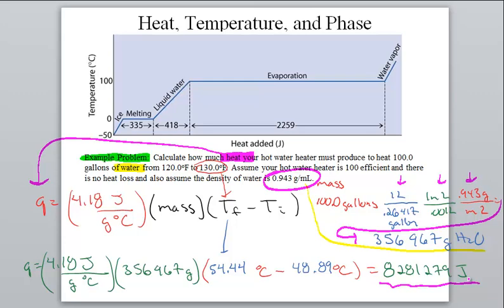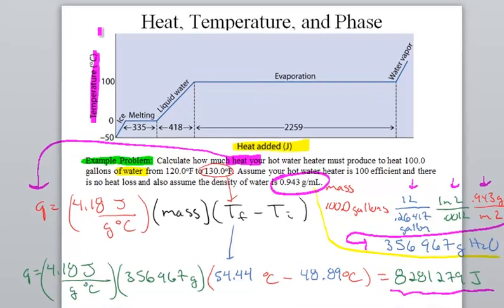Okay, so what about this graph up above, and what does it mean? This is showing the temperature change as heat is added. And you get this sort of plot with any substance, but this one's in particular for pure water. So the x-axis, heat added, and what's the temperature change of the water?